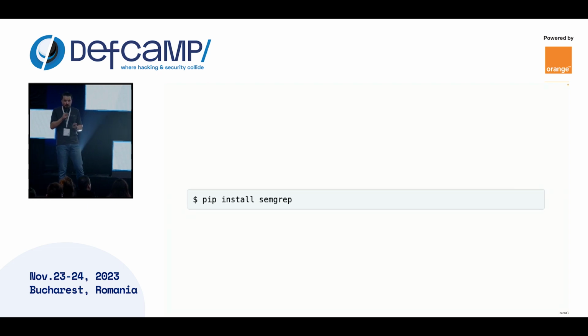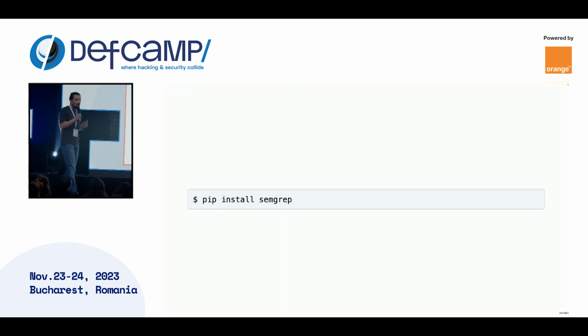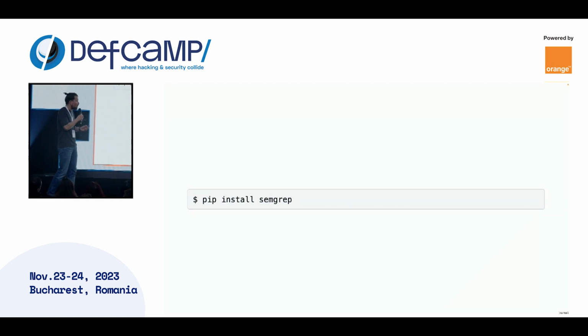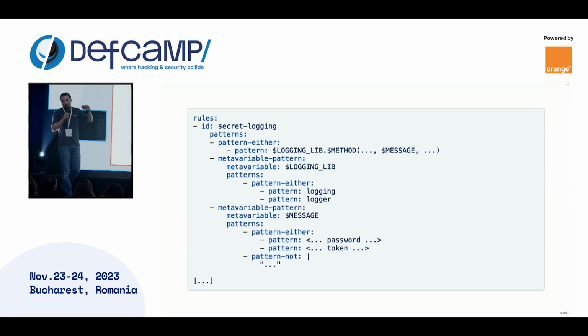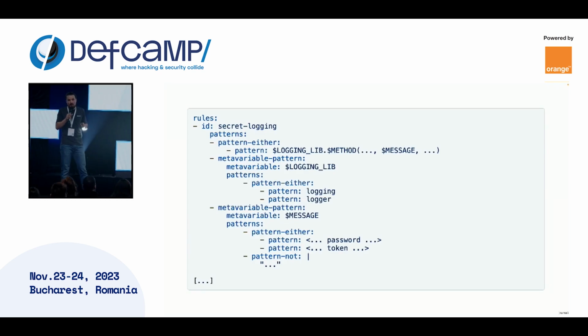And the tool that I want to mention, which is kind of open source, is Semgrep. It can be installed very quickly with pip install semgrep. After that, you should leverage the rules which are already defined by the community, or this is an example of a rule written from zero, from scratch.